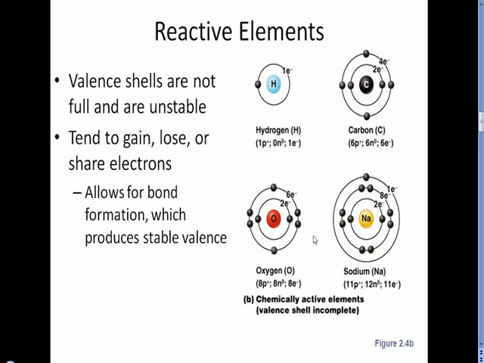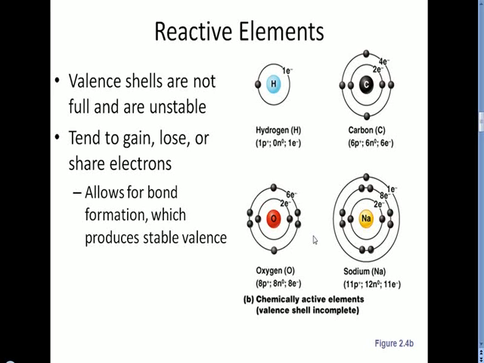So, for example, here you see hydrogen has 1 electron, the little black dot, in the outer shell, but it really isn't happy with just 1 electron. It needs another electron. So it's going to try to work a deal with another atom to get that electron it wants.